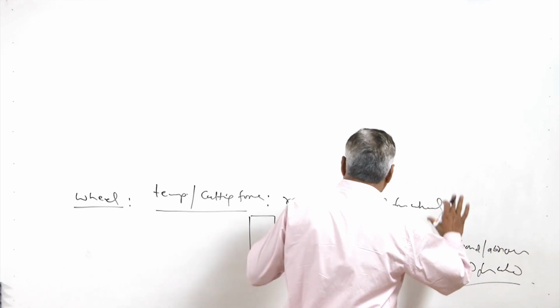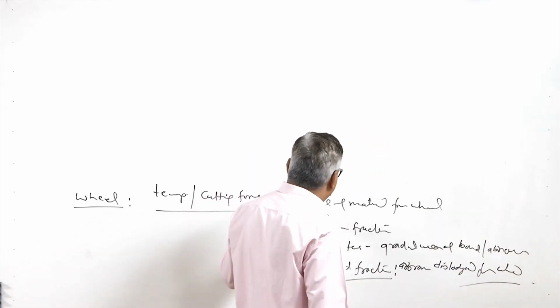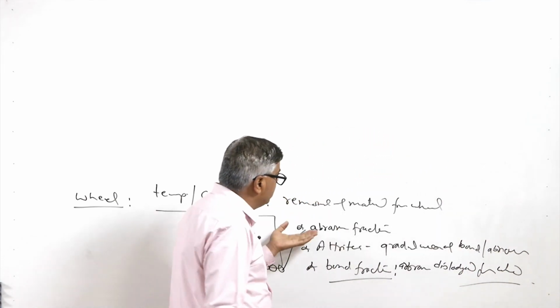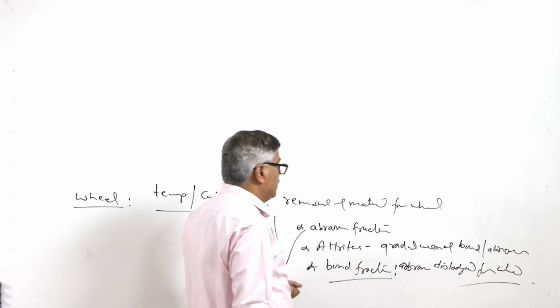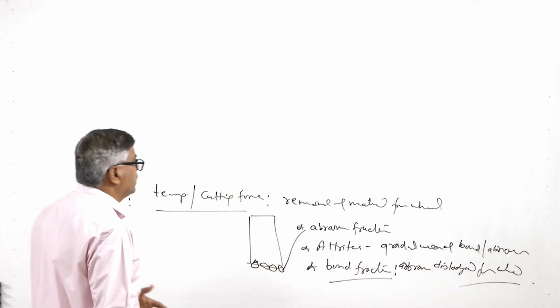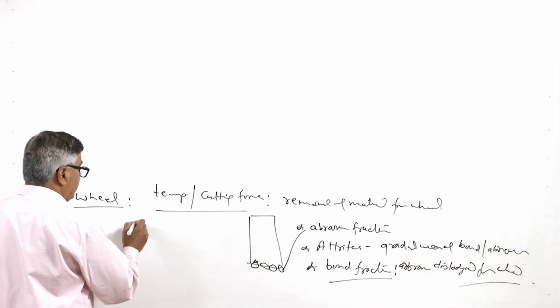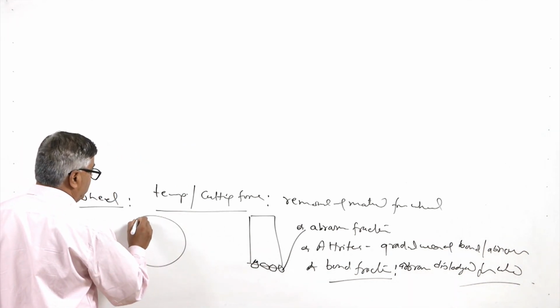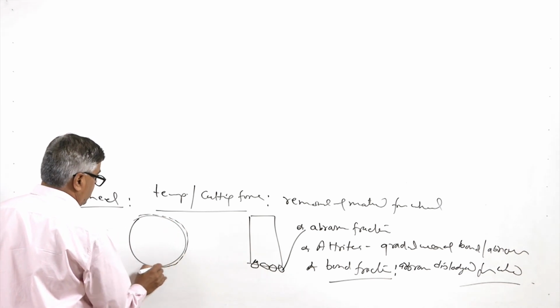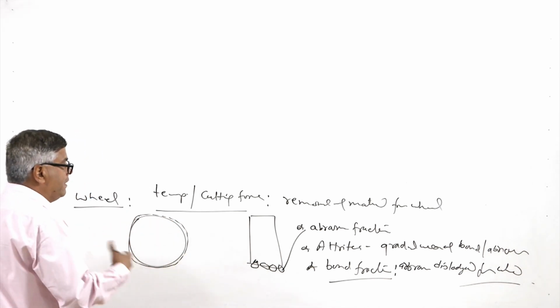So, all these three mechanisms lead to the loss of the material from the grinding wheel. The loss of material from the grinding wheel is also termed as the wheel wear.